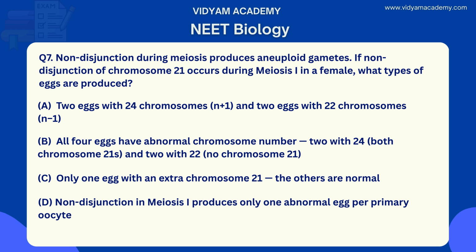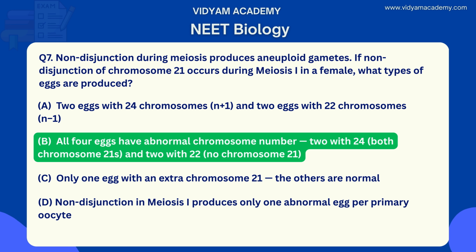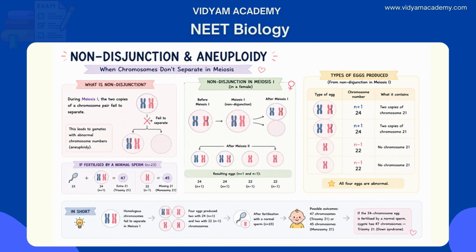Yes, option B is the right answer again. Let's see why and how. When non-disjunction occurs during meiosis 1, both copies of the chromosome pair fail to separate at the first division. In the primary oocyte, homologous chromosomes should separate during meiosis 1.